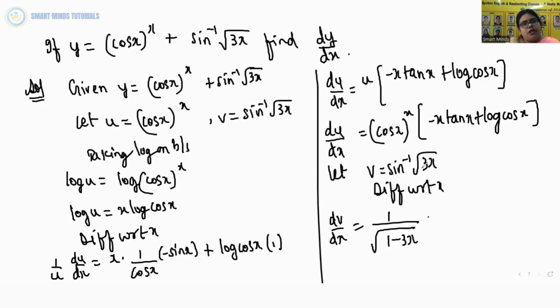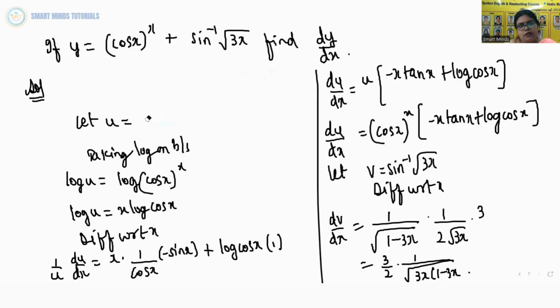Now differentiating root 3x, it will become 1 by 2 root 3x. Now again differentiating 3x, you get 3. So that is 3 by 2 into 1 by root over 3x into 1 minus 3x. This is dv by dx.